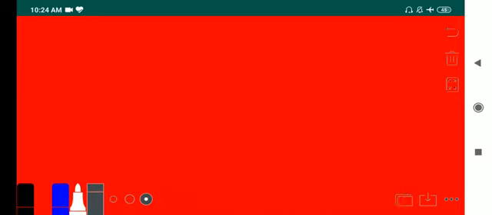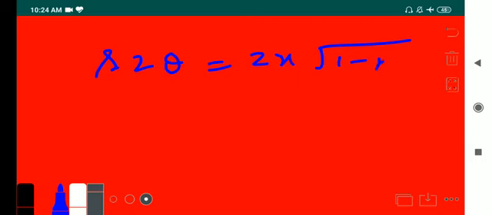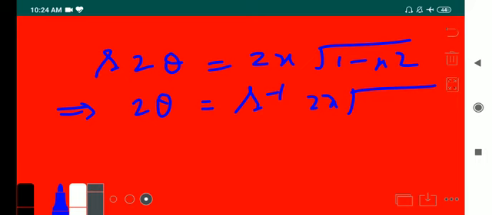So we can write this expression in this way: sin 2 theta equal to 2x under root 1 minus x square. And we can say 2 theta equal to sin inverse of 2x under root 1 minus x square.